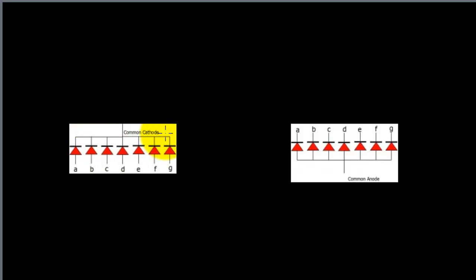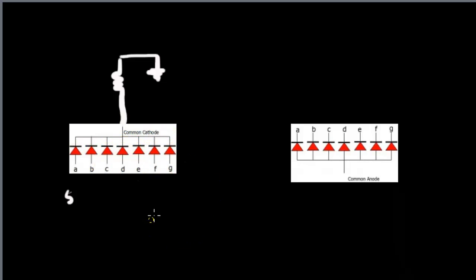But the point here is for the common cathode, this pin is eventually connected to ground. So what that basically means is, this is connected through a resistor to ground. So what that means is, whenever we give a logic 1 or 5 volts, a particular segment glows.